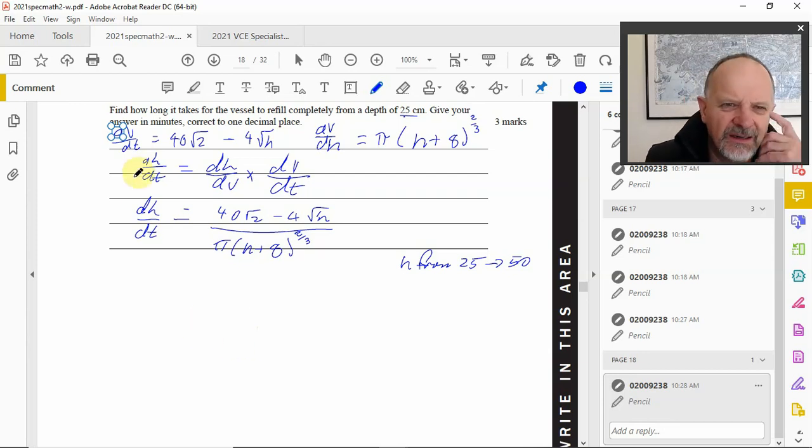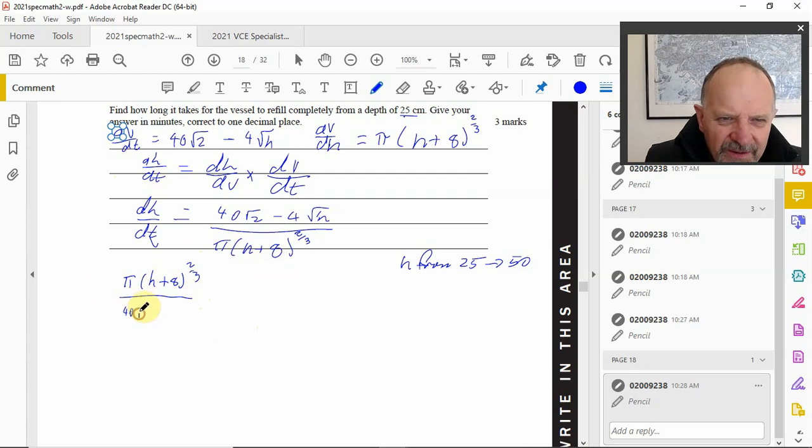We've got to do a separation of these things. So if I move that stuff over there, to do that I've got to flip it. So it becomes pi times h plus 8 to the 2/3 over the 40 root 2 minus 4 root h, and the dh stays there.